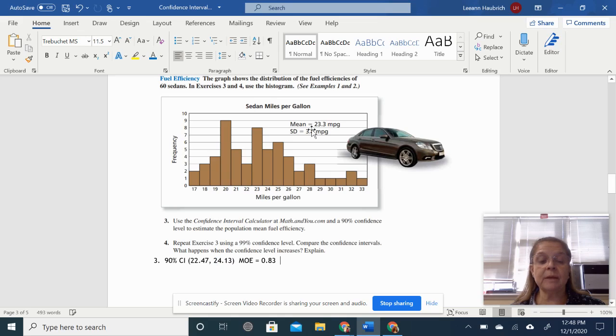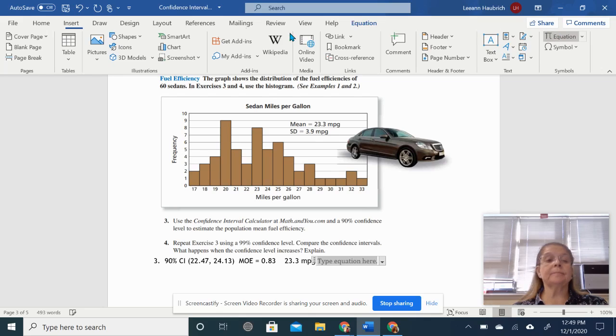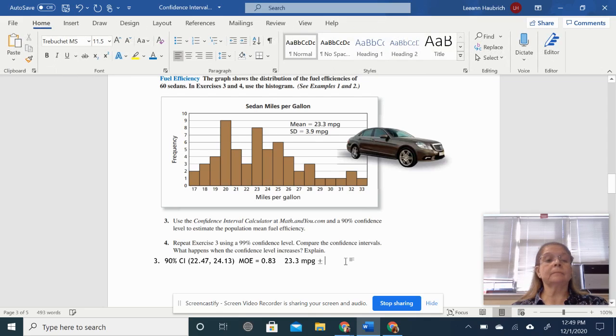And then if I use a 90% confidence interval, our margin of error is 0.83. So to rewrite this with the plus and minus is 23.3 miles per gallon plus or minus, and then whatever we got for the margin of error, which is 0.83 miles per gallon. I hope this is starting to make some sense to you.